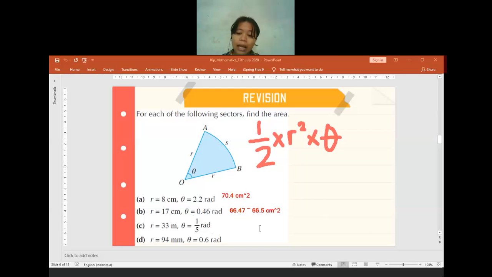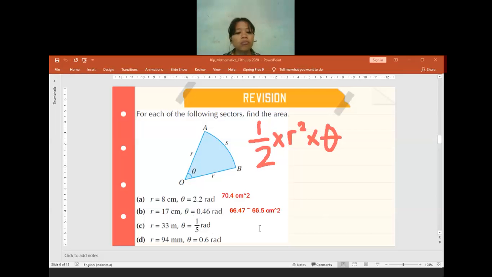The formula depends on what is given. If the given angle is in radian, you have to take the formula for the radian measure. If the angle is given in the degree unit, you have to use the formula for the degree unit.